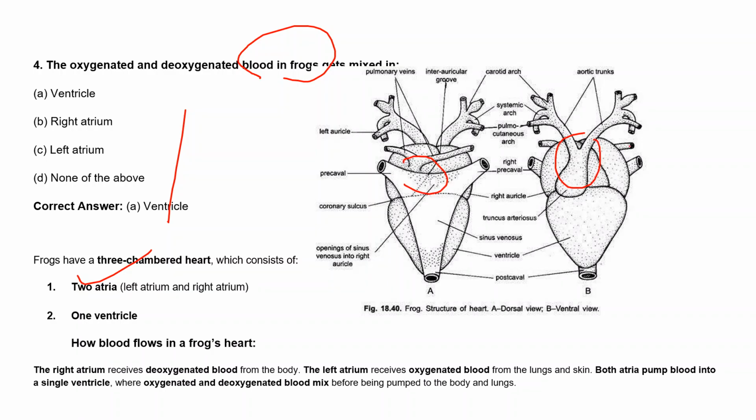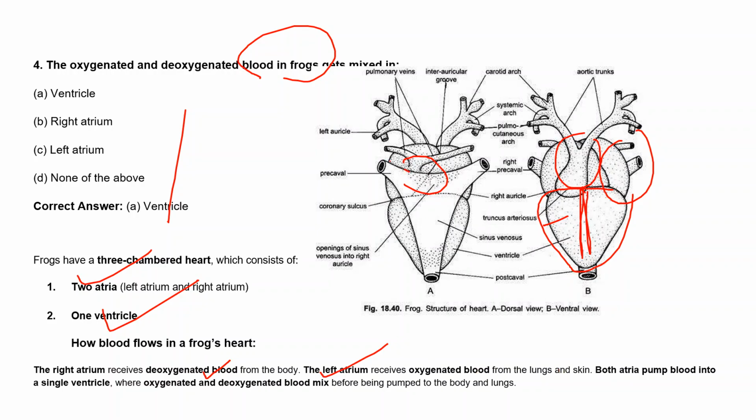Here we can see the left and right atria, but they have a single ventricle. Like us, we have two ventricles, left and right ventricles, but they have only one ventricle. The right atrium receives the deoxygenated blood from the body, and the left atrium receives the oxygenated blood from the lungs and skin.